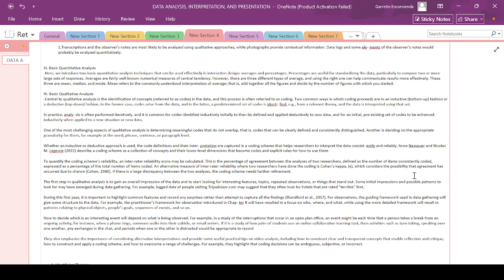So kind of like in algorithms, right? There's a top-down and bottom-up approach, and those are used for different cases. In the former case, codes arise from the data, and in the latter, a predefined set of codes is identified from a relevant query, and data is interpreted using that set.